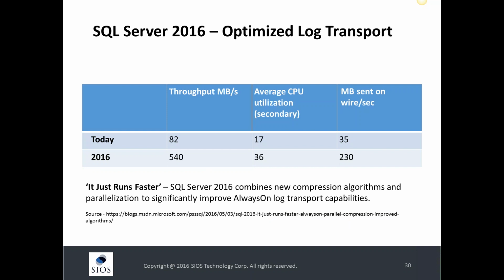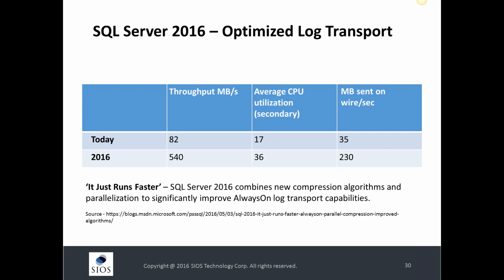With SQL Server 2016, you see a lot of people using a hashtag, it just runs faster. There are lots of improvements in all aspects of SQL Server to make it faster in many different ways. I was just watching a webinar on Channel 9 that talks about some of the new ways that SQL Server is faster.